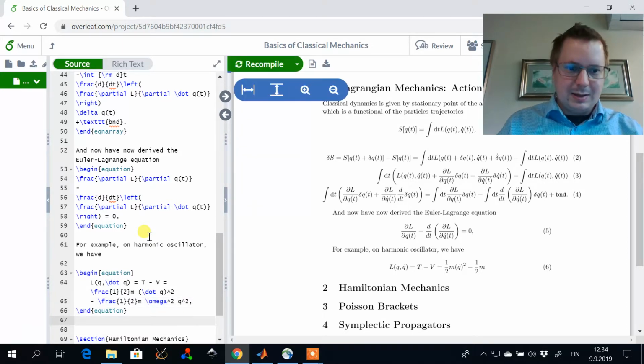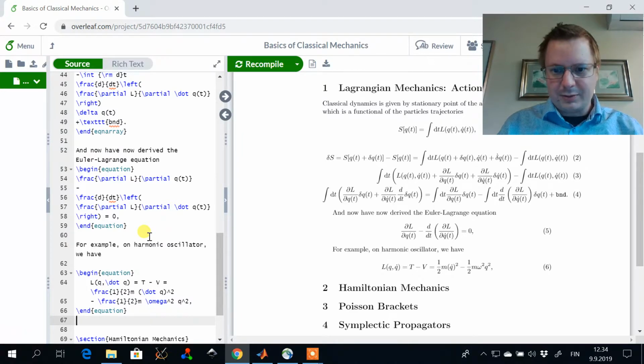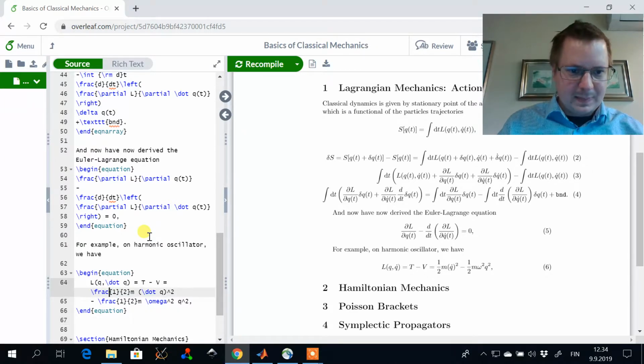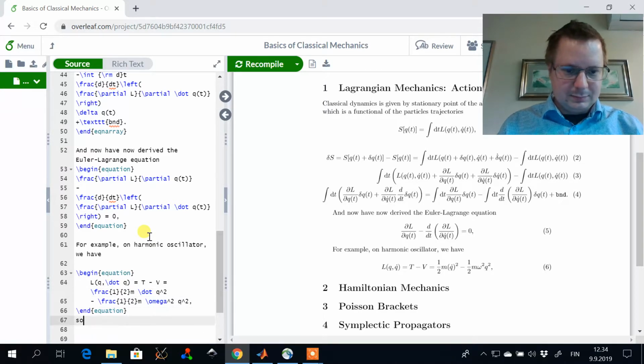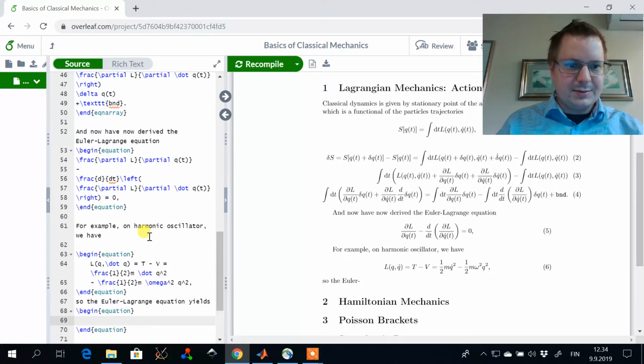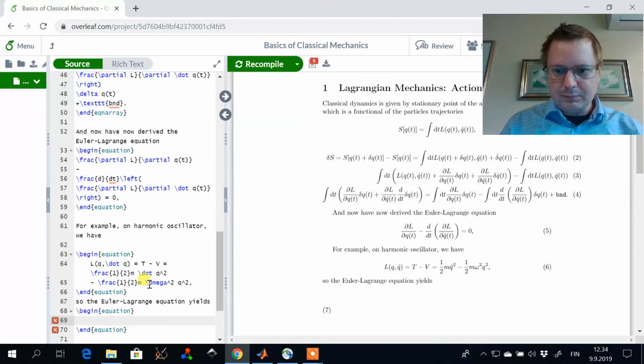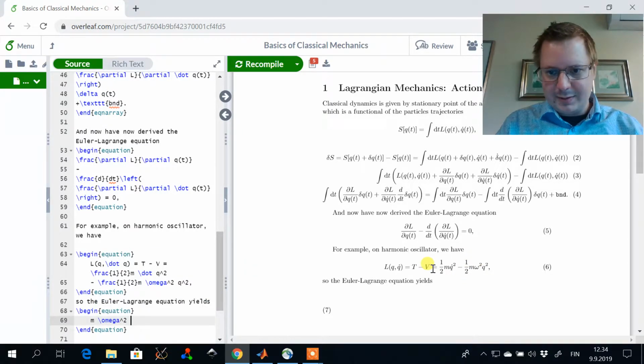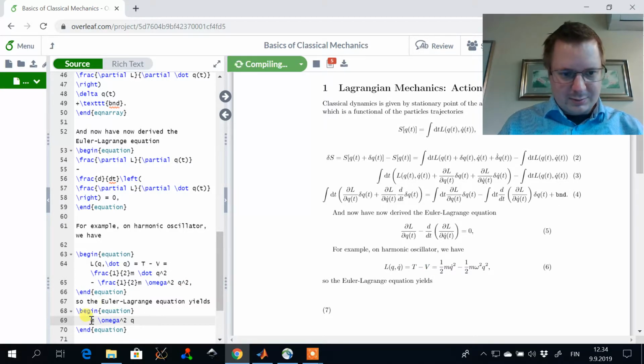And then we can conclude for the Euler-Lagrange equation. So if we take the variation of this, the Euler-Lagrange equation yields, first with respect to q, so we will have m omega squared q, and that's with the minus.